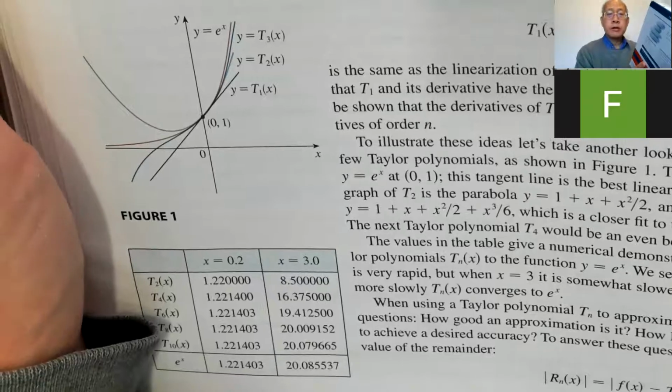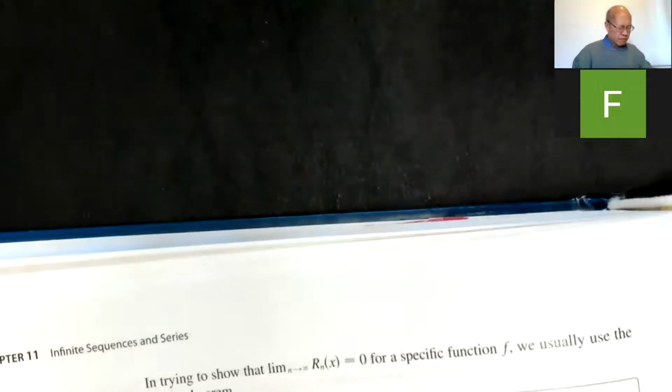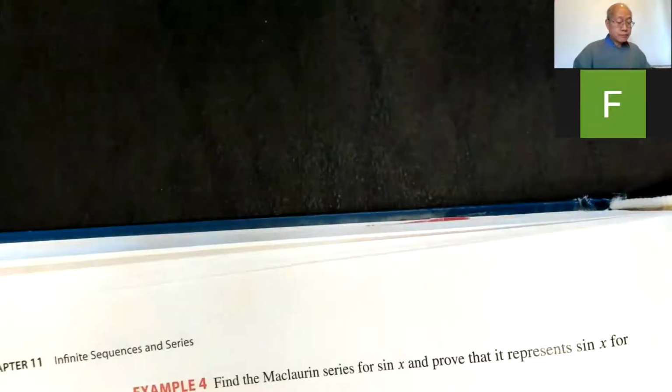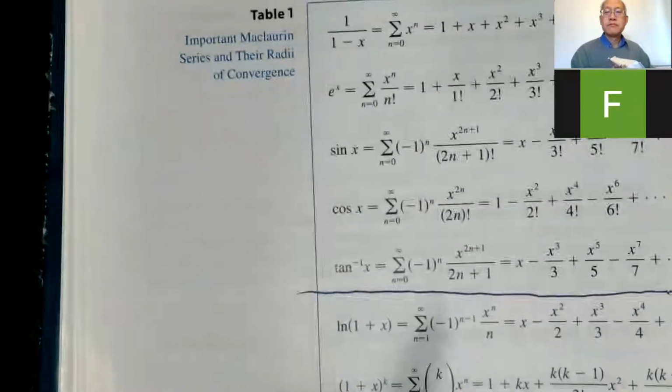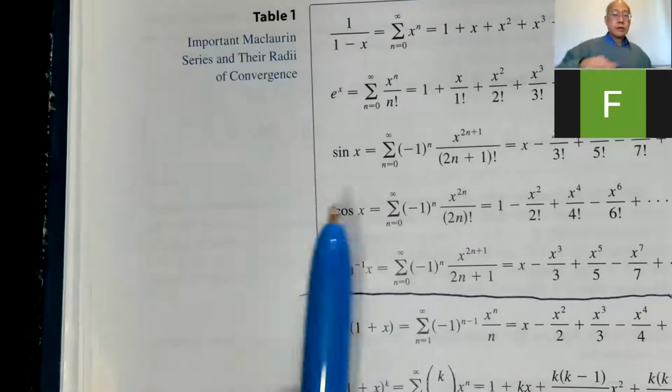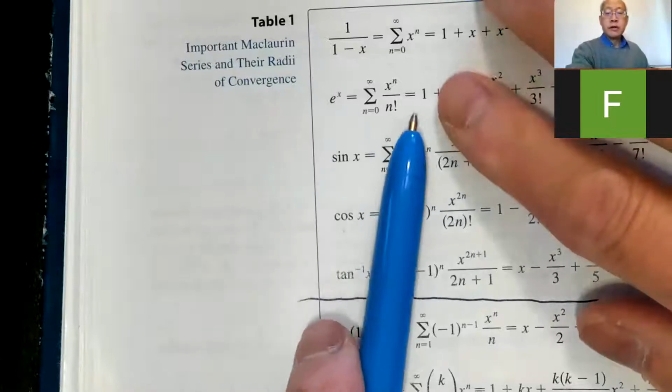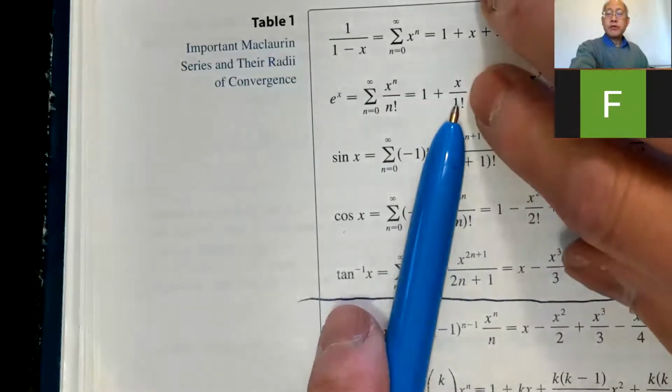So figure 1. Go back to this. e to the x. We can approximate with degree 0, degree 1, 1 plus x.